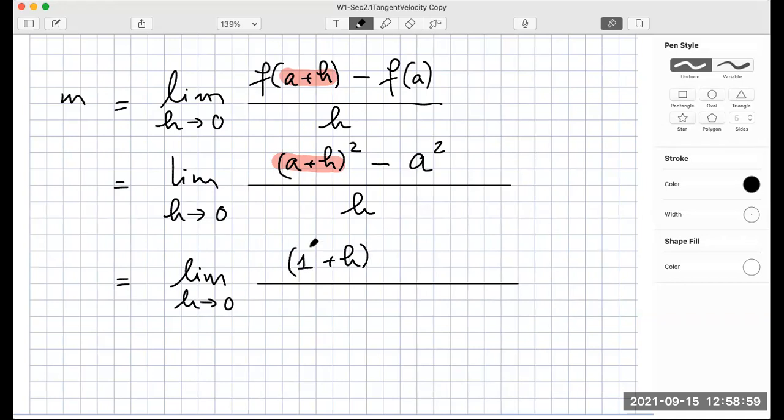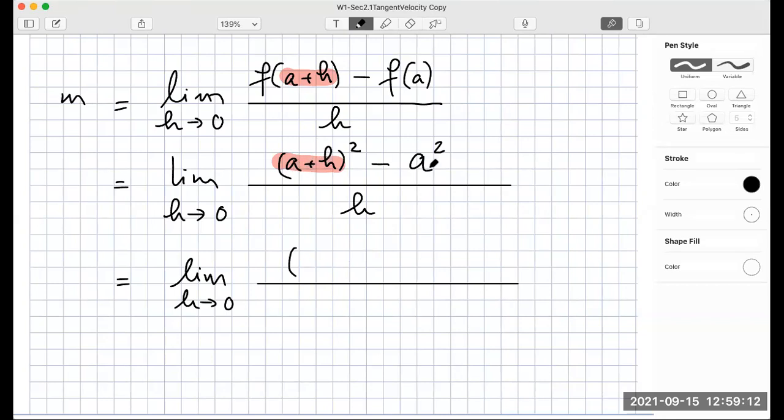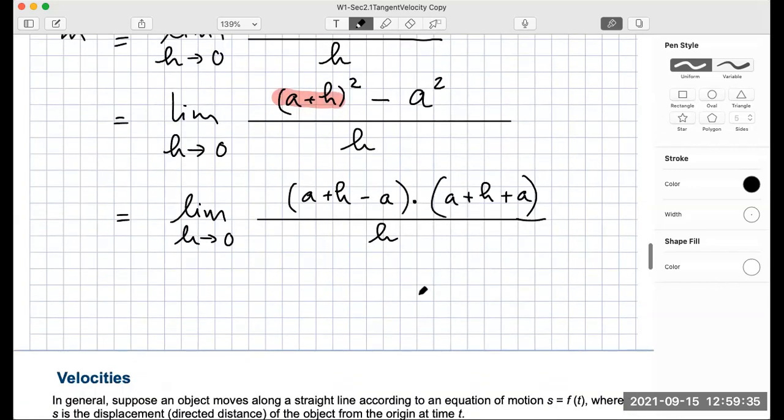Or let us play with this. We don't have to substitute the value right here. Let us play with abstract things and see, so we'll get used to it. Now, this is something squared minus something else squared. So it is a plus h minus a times a plus h plus a, right? Just use the formula. Is it okay?